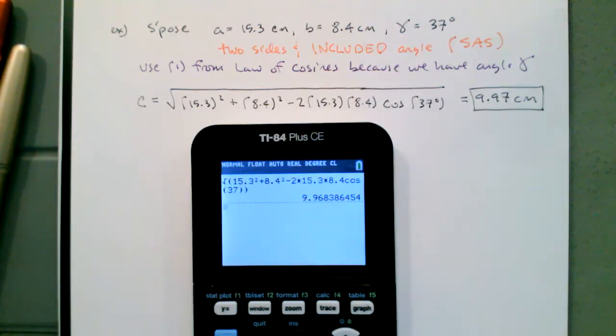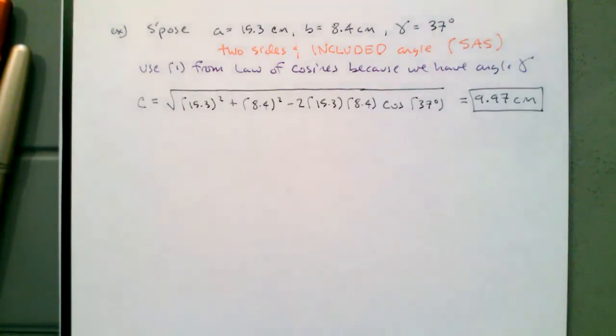We didn't really have a choice in what we went after first. We had to go after side C first, because that's what the information we were given forced upon us. Because we had two sides and the included angle. So we went after the next side using the law of cosines. We don't want to memorize a case and attach that to the law that we use.